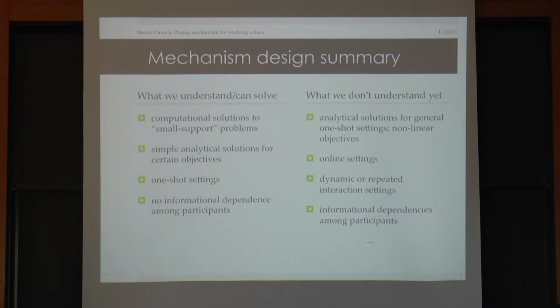So all of these directions have seen a lot of work in economics, but there tend to be positive results in very, very limited settings. And so a computer science treatment of any of these directions would be very fruitful and would really add to that literature. Okay, so for this talk, I'm going to focus on dynamic settings.